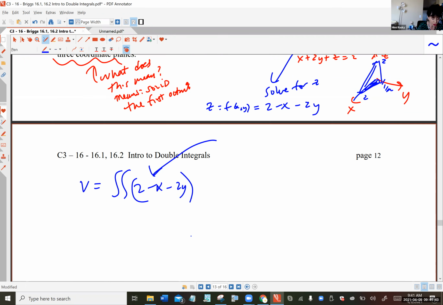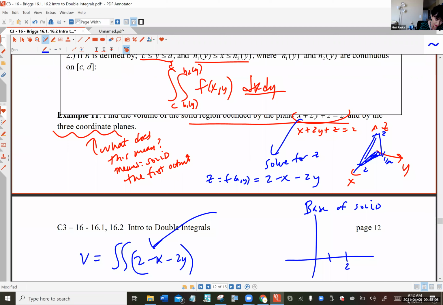And then you get to choose your order of integration. But before you do, look at the base of your solid, because that will help you decide if it's vertically or horizontally simple. Sometimes it's both, and you can just choose whichever is your favorite. If you graph the base of the solid, the quick and dirty way, since this capping surface cuts through the xy plane, the trace right there is given.